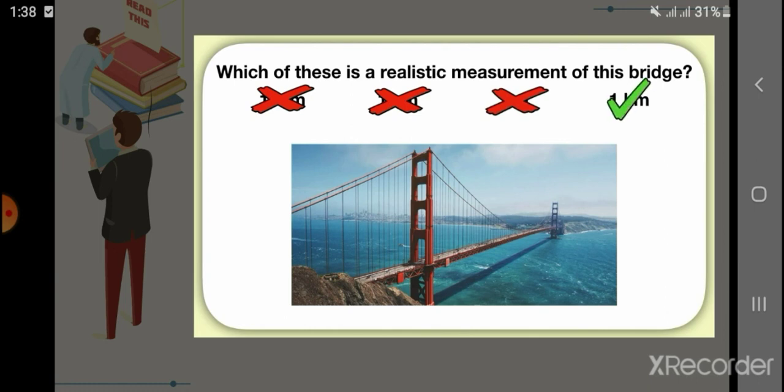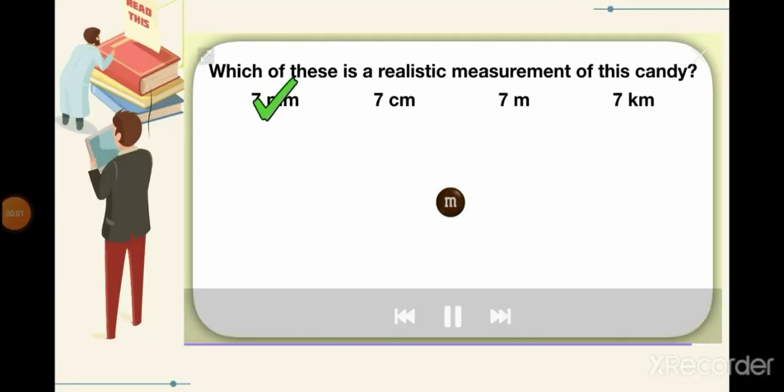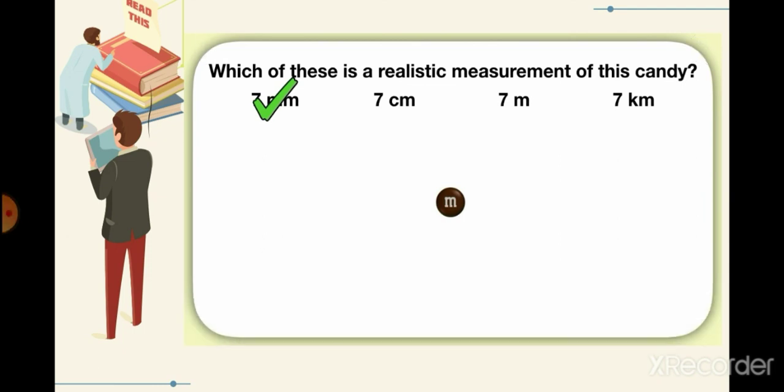Now here is the last problem for this video. Which of these is a realistic measurement of this candy? Well, I know that this candy is very small, so the realistic measurement is 7 millimeters. 7 centimeters would be 7 times the size of a dime.